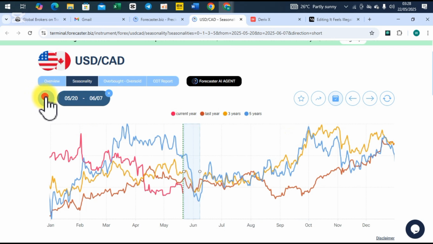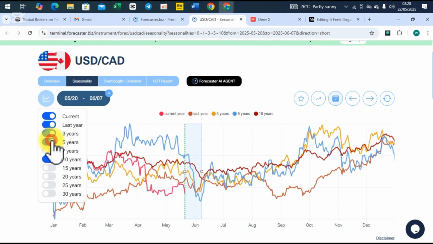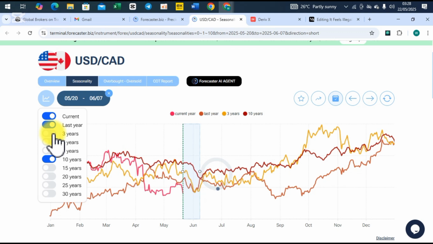All right, so let me again select the 10 years because by default they were showing us how USD CAD current price is correlating with the 10 years. 93.14. So let me again deselect these seasons or periods, 5 years, 3 years, and last year.